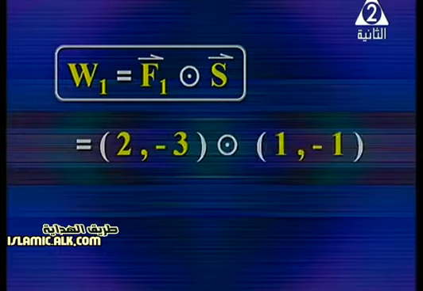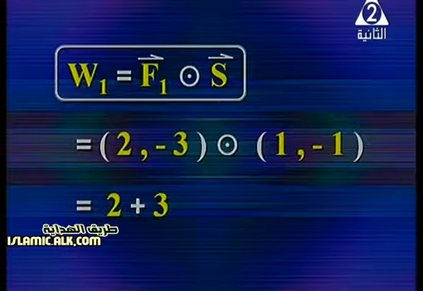Dear student, we move to another method. We know that W1 equals F1 dot S. W1 equals (2, -3), the first ordered pair, dot (1, -1). The answer is 2 plus 3 equals 5. What is W2?